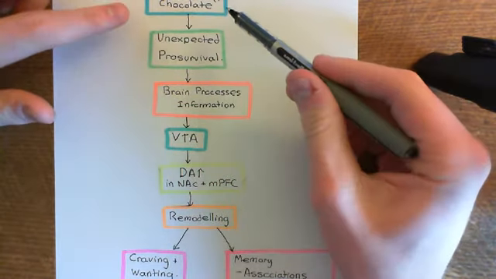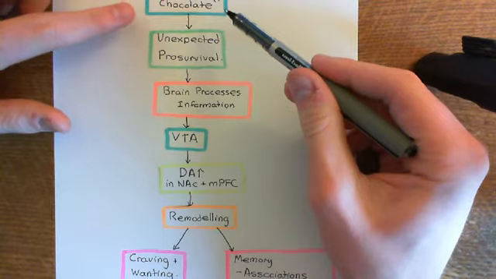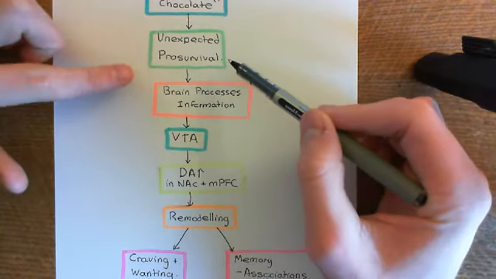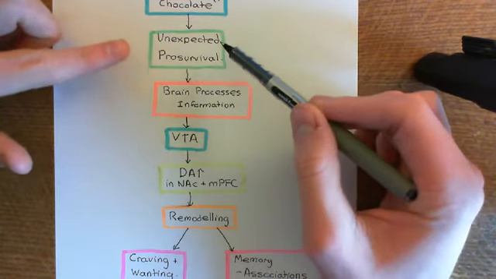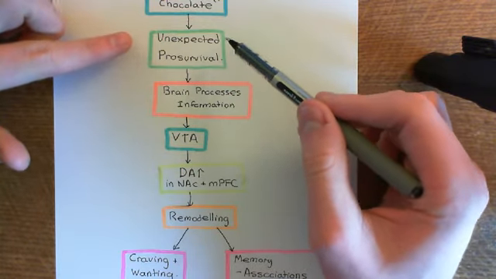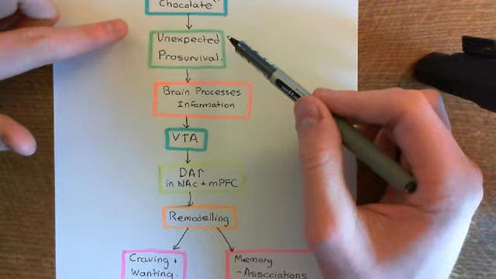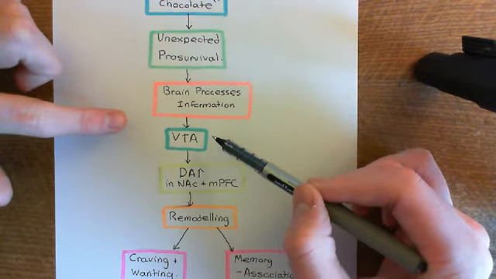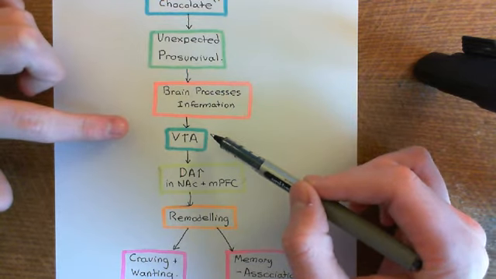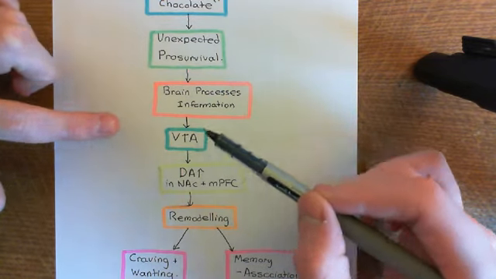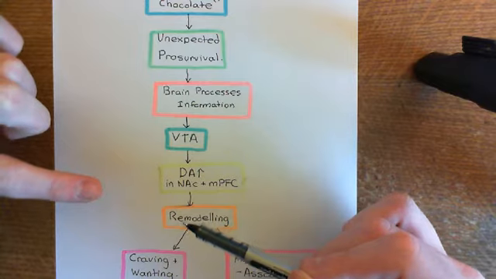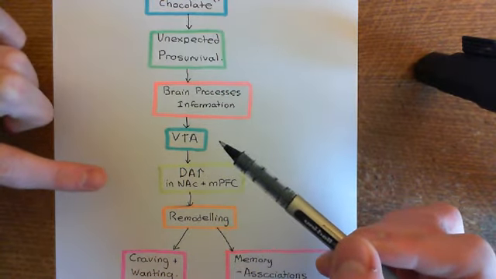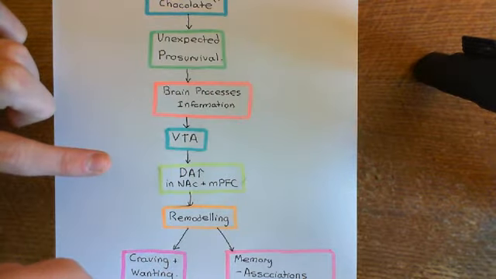So what will happen is you will eat chocolate, your brain will process it, and it will say, okay, this is very pro-survival, good, but now we expected that, we know that this stuff is good. Now we don't need to be taught anymore, and therefore it will not activate the ventral tegmental area anymore. So you will not get the rise in dopamine in the nucleus accumbens and the medial prefrontal cortex anymore, and that is what is seen.